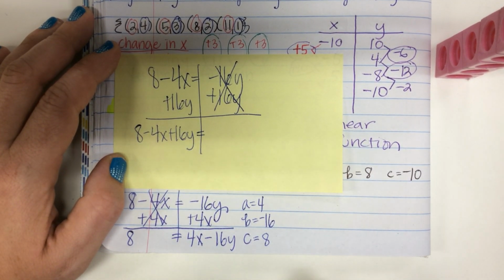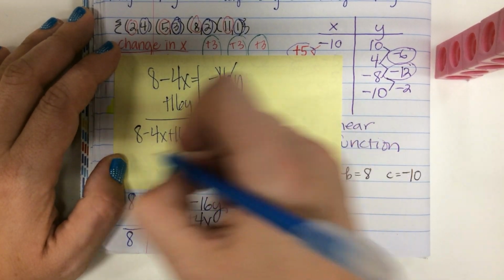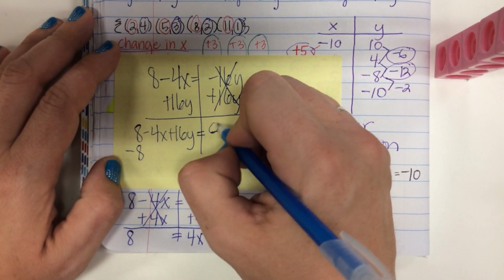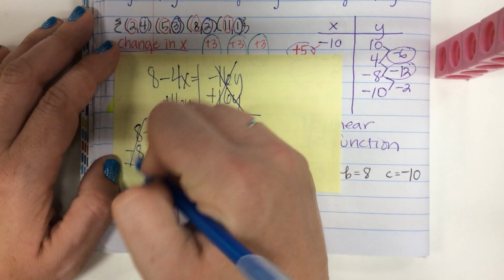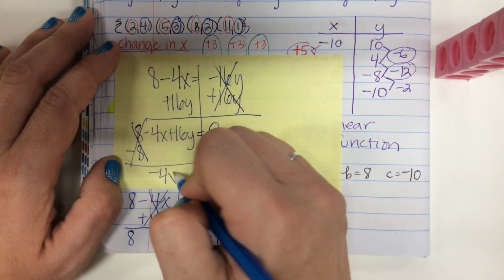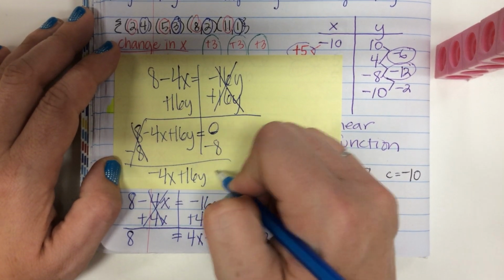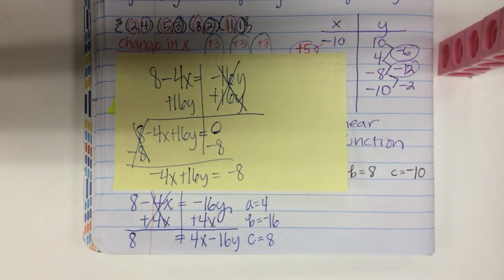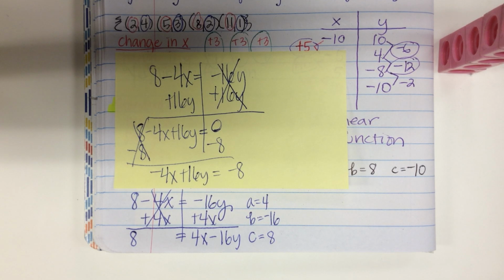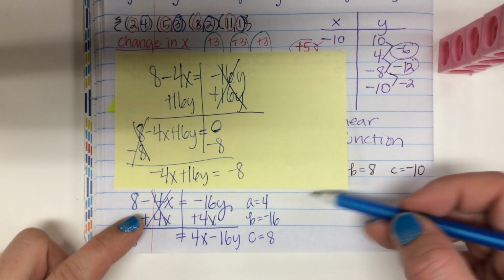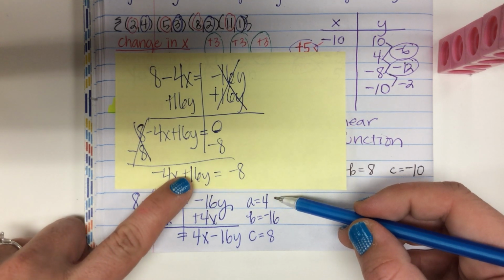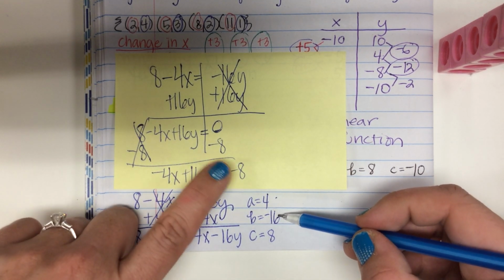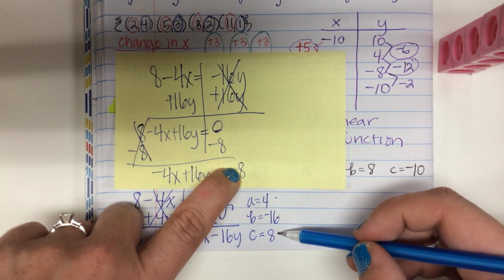Then you could have subtracted negative 8, and this is 0. And got negative 4x plus 16y equals negative 8. And I know you say, but these are different numbers. But look, negative, positive, positive, negative, negative, positive. They're exactly opposite, so it's okay.